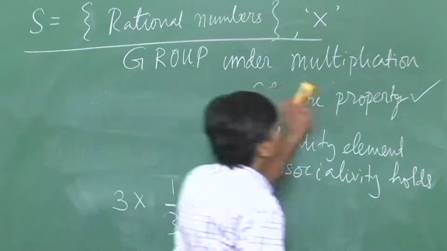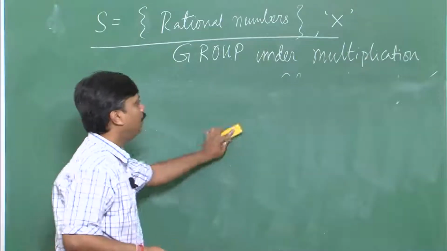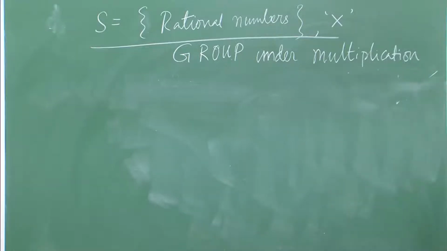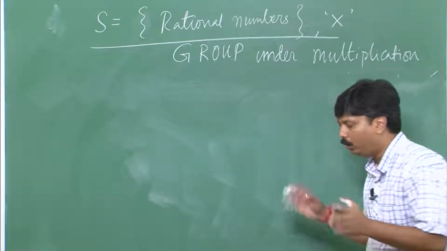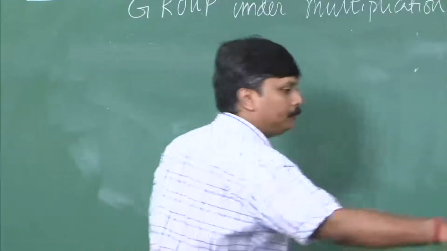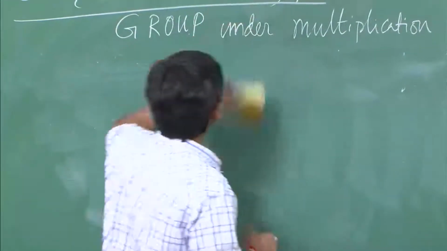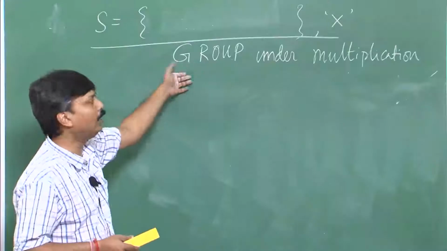Okay, so I will quickly give you another example, that is the set of, say, all integers. So the previous one was a group under multiplication.